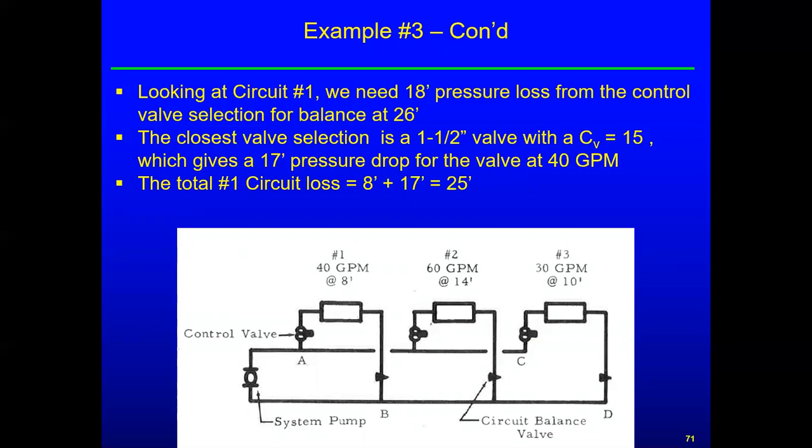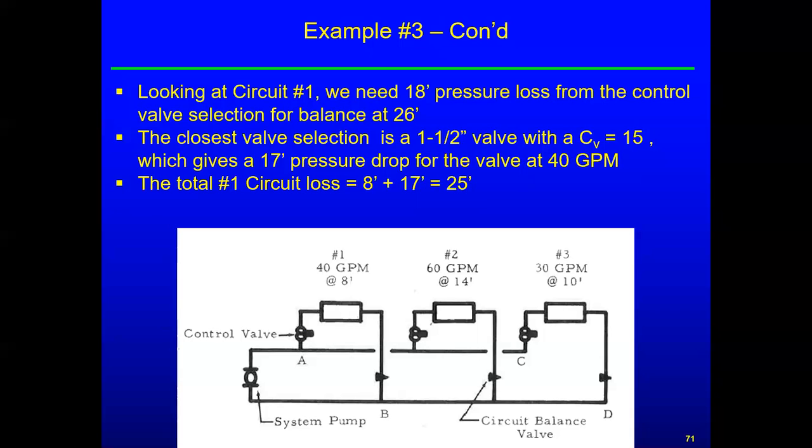Number 2 is the lowest we can get away with. So we select a CV of 15. I go back through the equation and that tells me the pressure drop is 17. So 17 and 8 is 25. So the balancing valve in circuit number 1 will have to have 1 foot cranked into it to balance out and equal that of zone number 2.